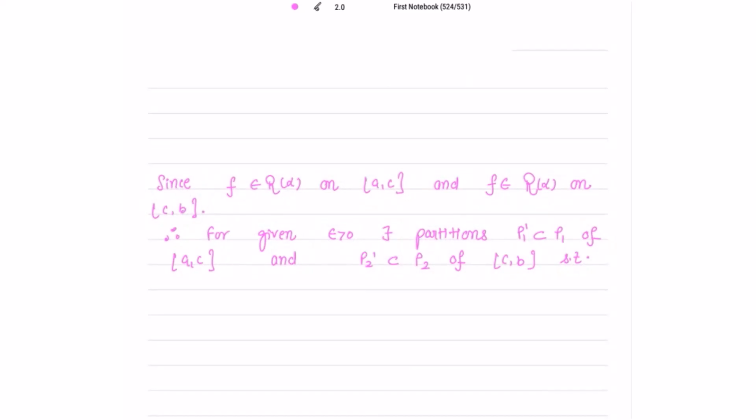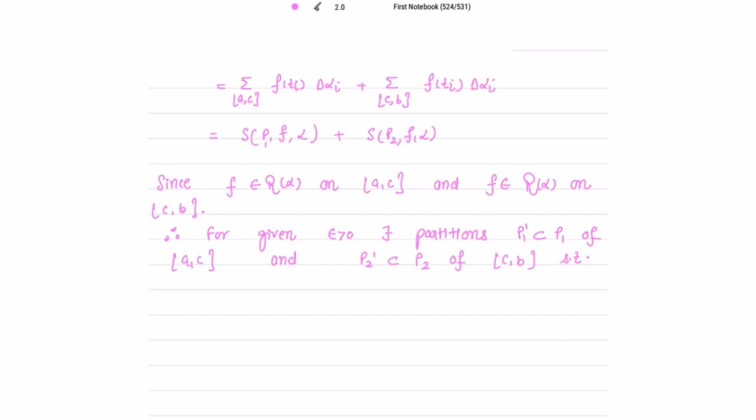So this is equal to the summation on the first interval from a to c of f(ti) Δαi, plus the summation on the second interval from c to b of f(ti) Δαi. According to the definition, this is equal to S(P1, f, α), because this interval is for P1, plus S(P2, f, α).